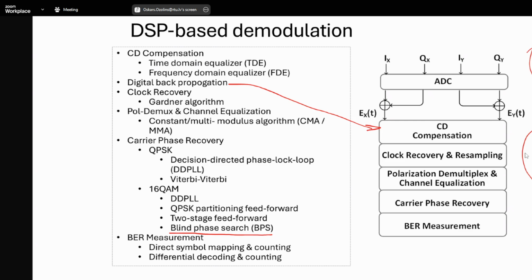But it is hardware intensive, so you need to test all these test phases to see how far the symbol is from the ideal constellation point. Right, and bit rate measurement can be direct symbol mapping and counting, and we use differential decoding to have one bit error per every symbol error.